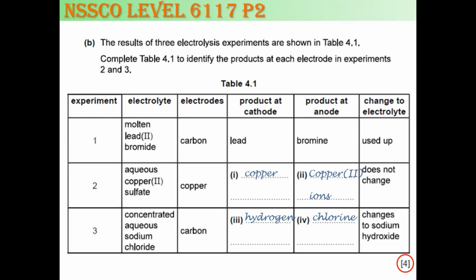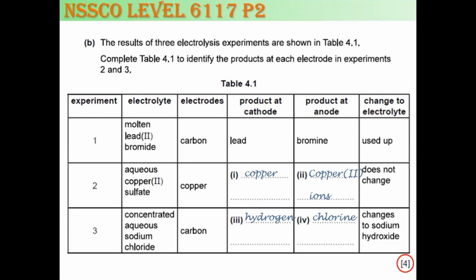None of those are discharged. So what essentially happens is that copper is transferred from the anode to the cathode by forming copper ions at the anode and discharging those same copper ions at the cathode.